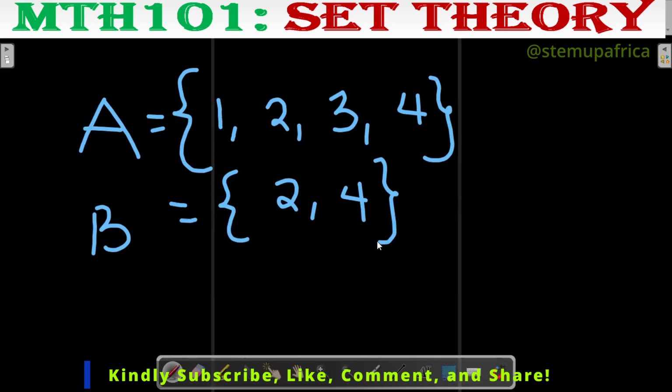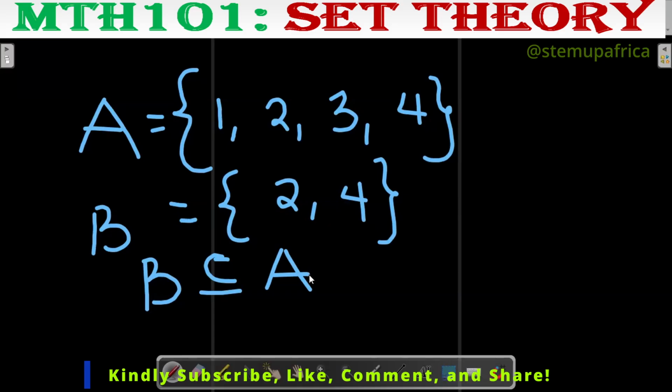So this one means that B is a subset of A, meaning B is part of A. I can see all that B has in A. So B is a subset of A. Is it understood? Yes, sir. Okay, that's the concept of a subset.